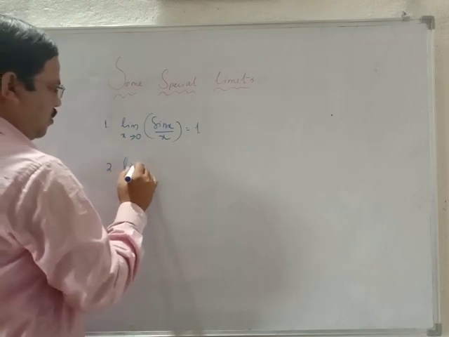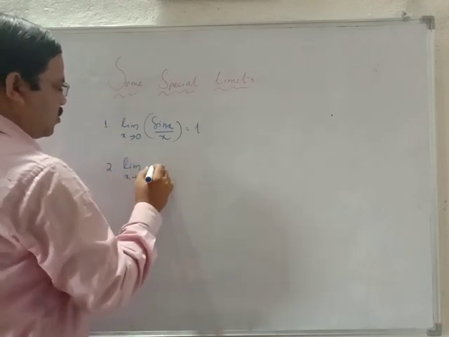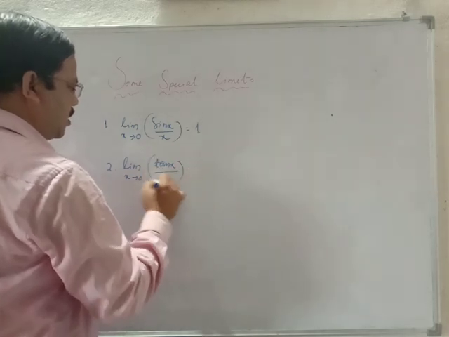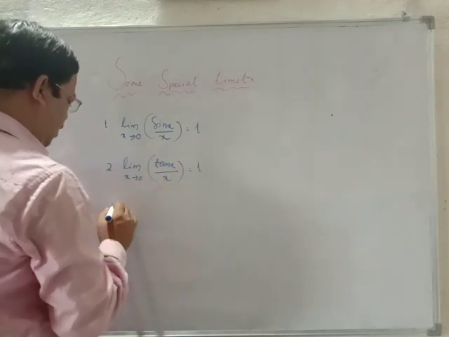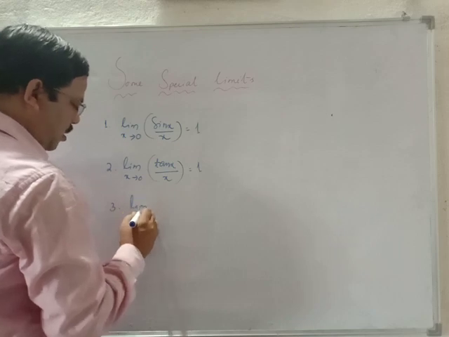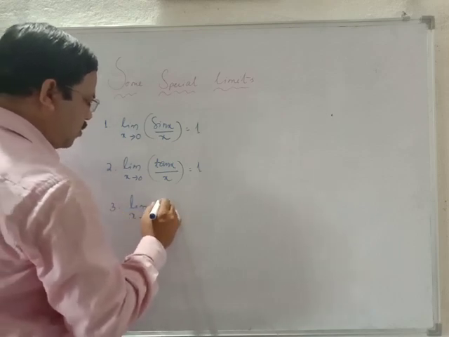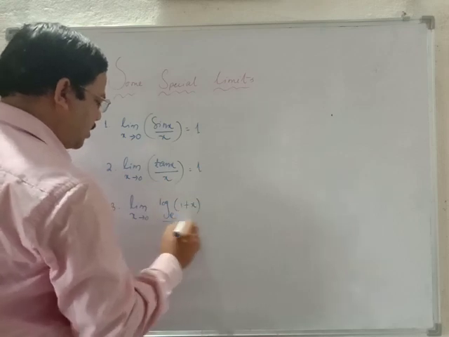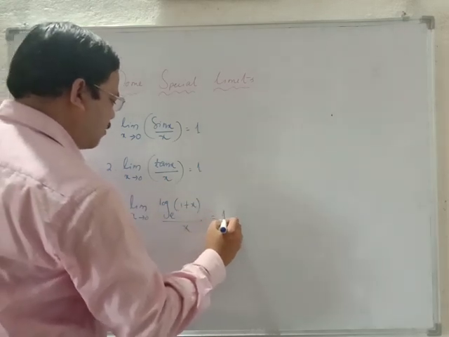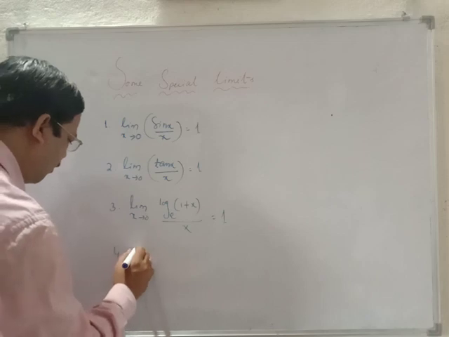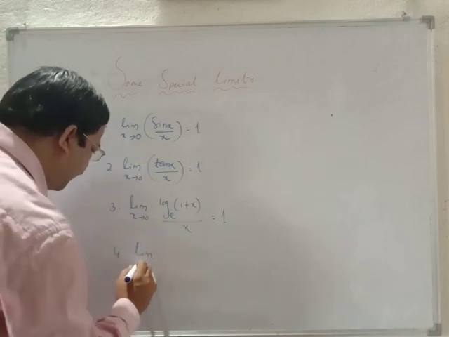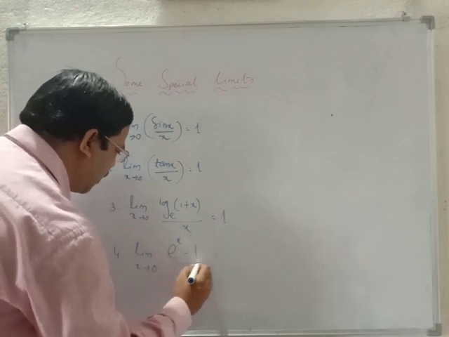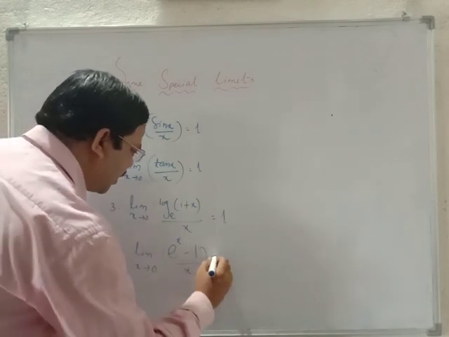Number 2, limit x tends to 0, tan x by x is also 1. Number 3, limit x tends to 0, log base e of (1 plus x) by x equals 1. Number 4, limit x tends to 0, (e to the power x minus 1) by x is equal to 1.